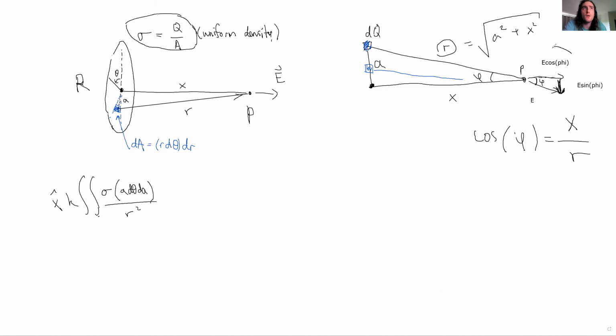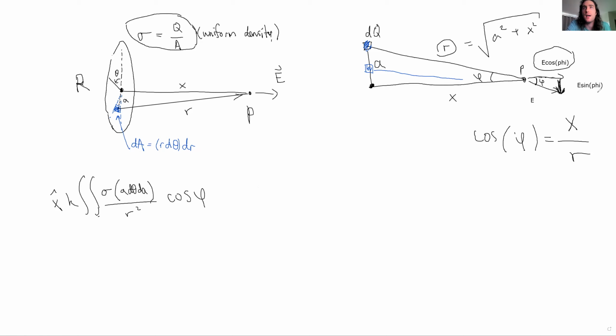Remember, we're integrating over E cosine, or sorry, not theta, phi, E cosine phi. So cosine phi needs to be in here. Where does the cosine phi come from again? Let me just remind you. Each of these components of the electric field from dq is making an angle phi with respect to the x-axis. So the cosine phi component is the component that will be non-zero after we integrate.